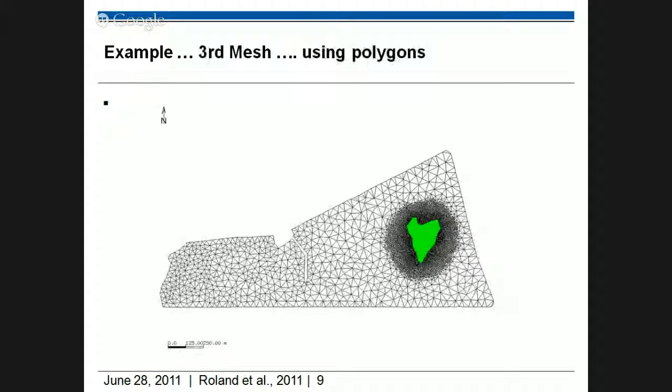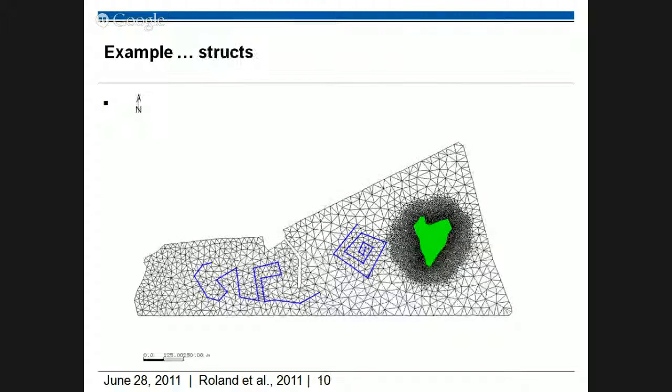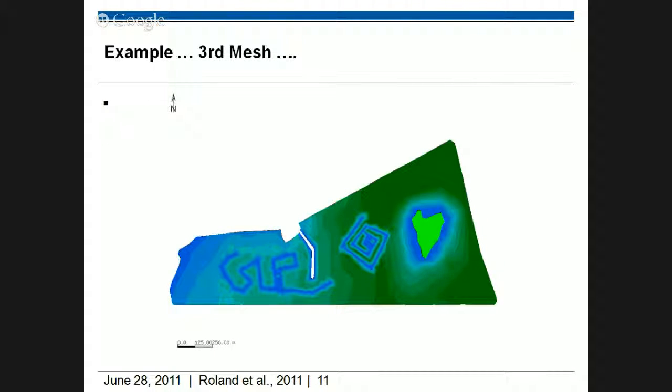You can refine the mesh in some regions like this. You can create some structures and make the triangles follow the structures you want. That's useful for rivers in particular, to have the triangles follow the line of the river. Here it uses some funny depths, and here you get the depth map.